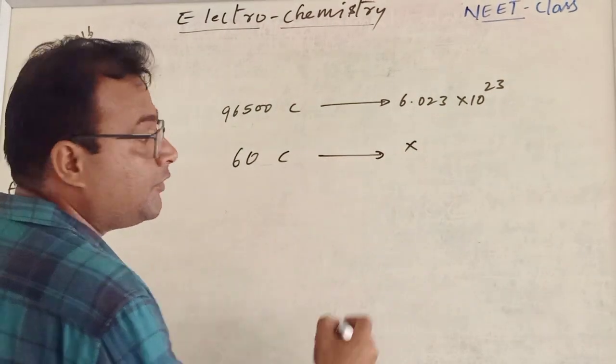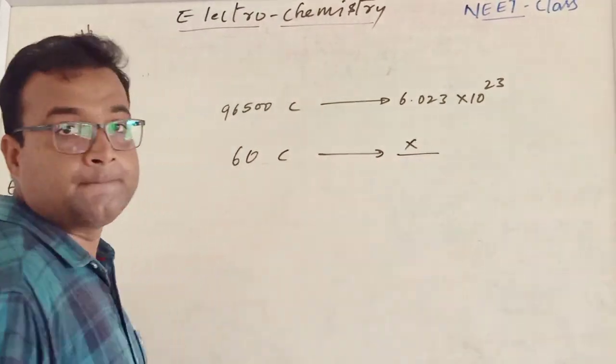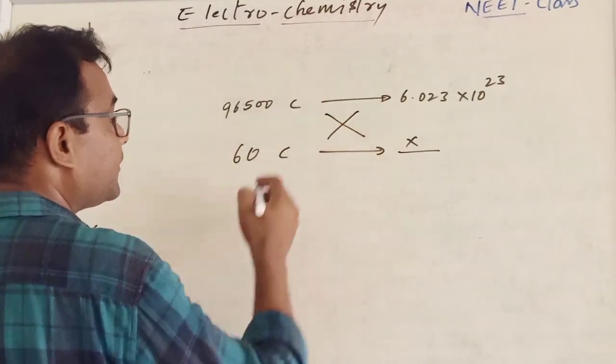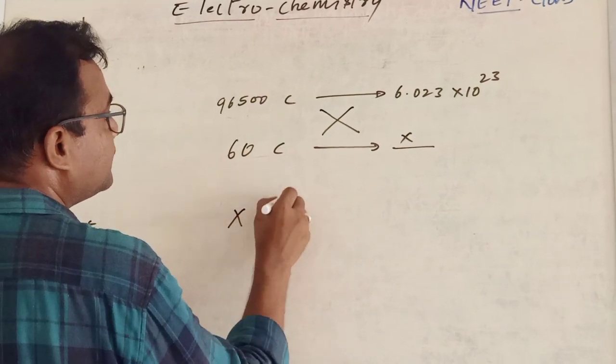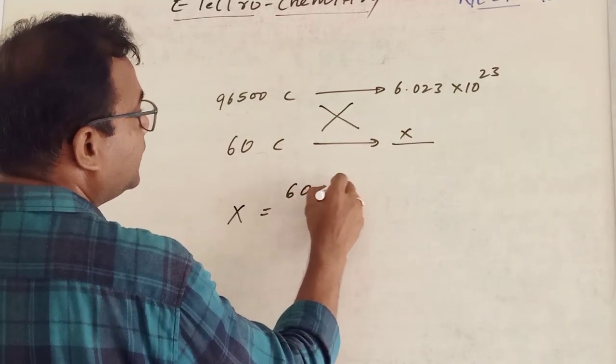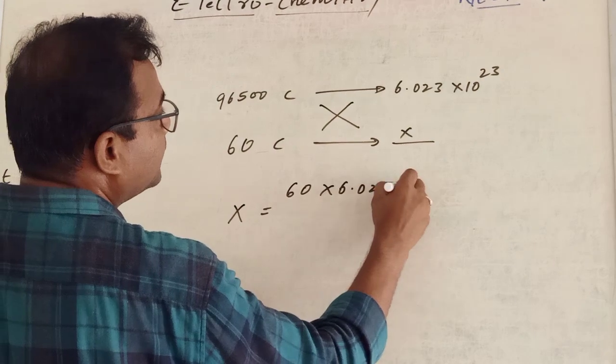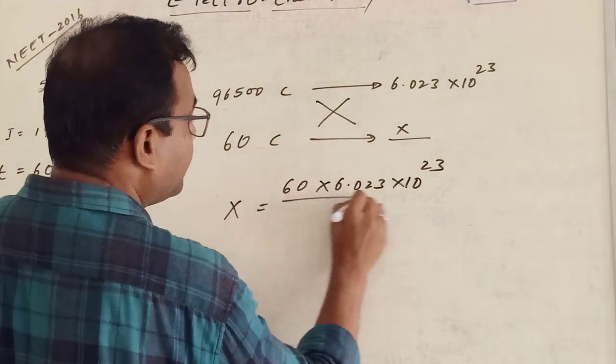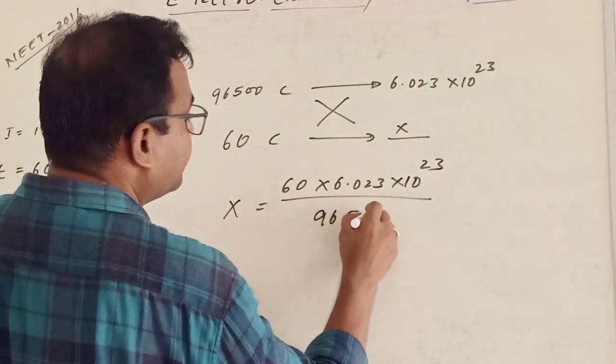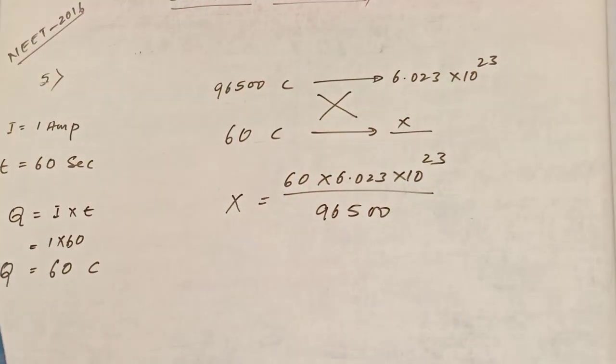Let it be X, unknown. Cross multiply and divide. Very simple problem. X is equal to 60 into 6.023 into 10 power 23 upon 96,500 coulomb.